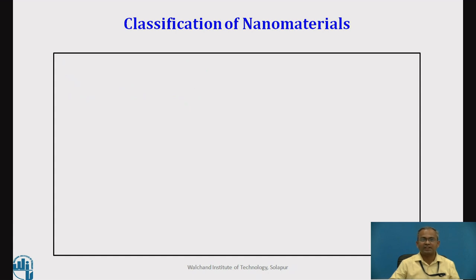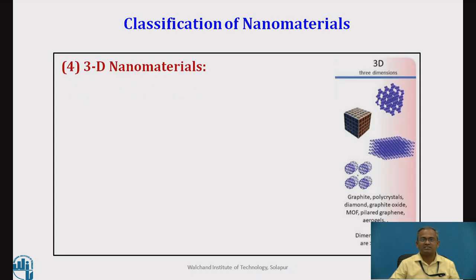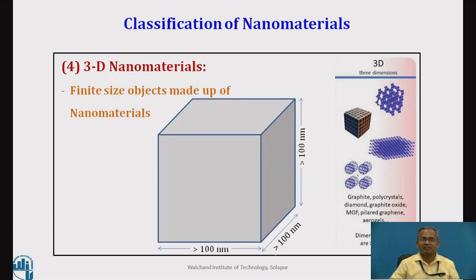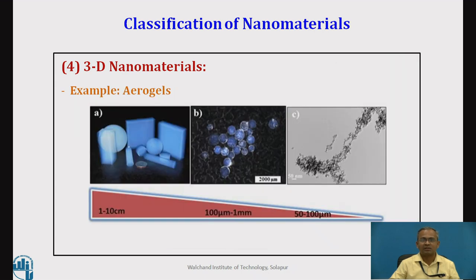The fourth category of nanomaterials is three-dimensional nanomaterials. 3D nanomaterials are finite-sized materials that are composed of nanoscale building blocks. One famous example of 3D nanomaterials is aerogels.